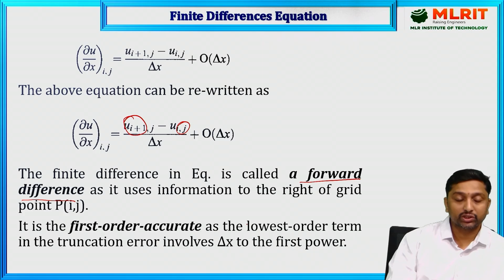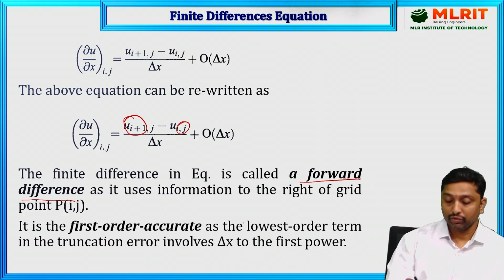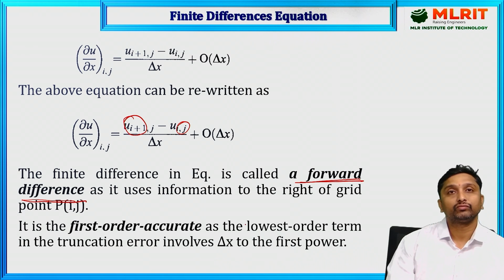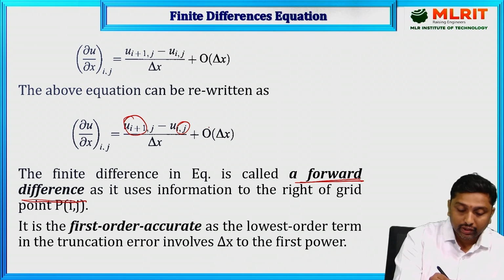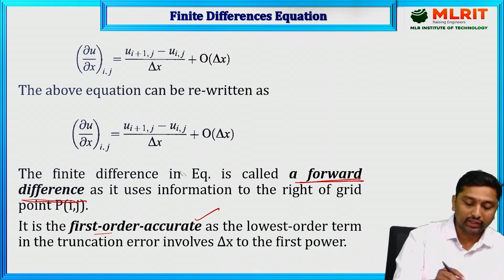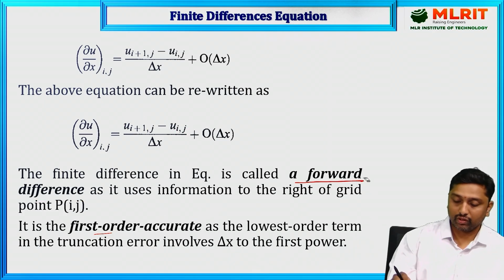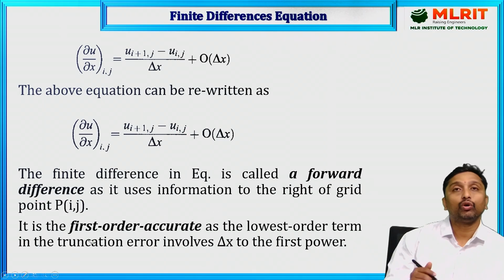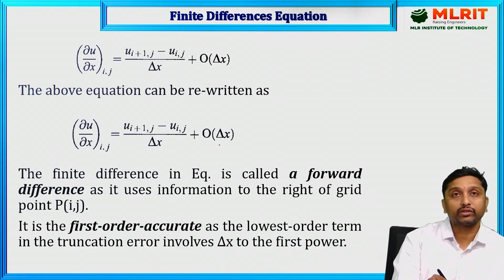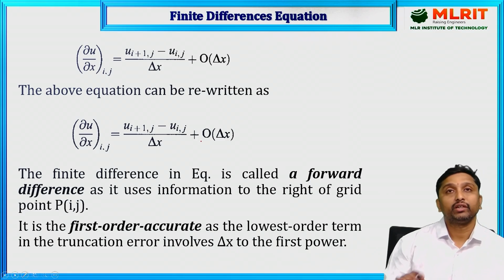Since the equation uses the right side of i,j, we call it forward difference equation. And since inside the O we have Δx, we call it first order accurate. So this is the minimum value inside the error that we consider. So the order of accuracy is Δx, and the equation is called forward difference equation.